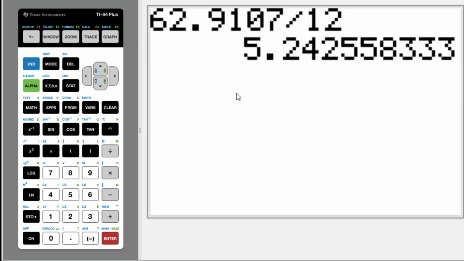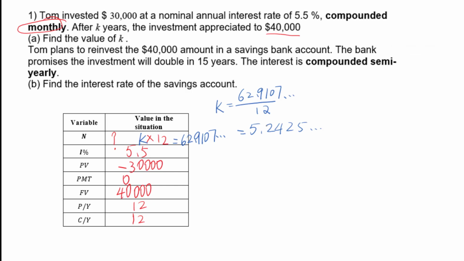The answer will be 5.2425. For 3 sig-figs, we need to change it into 5.25. Round this up. Otherwise, the investment cannot reach $40,000. So we need to round this year up.